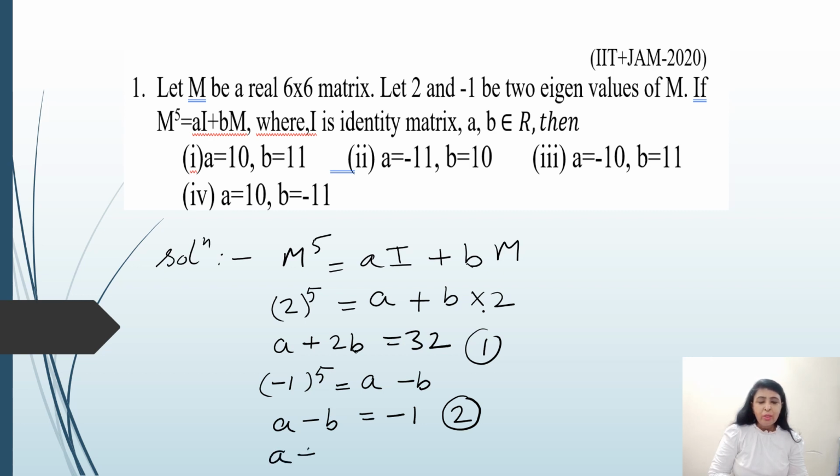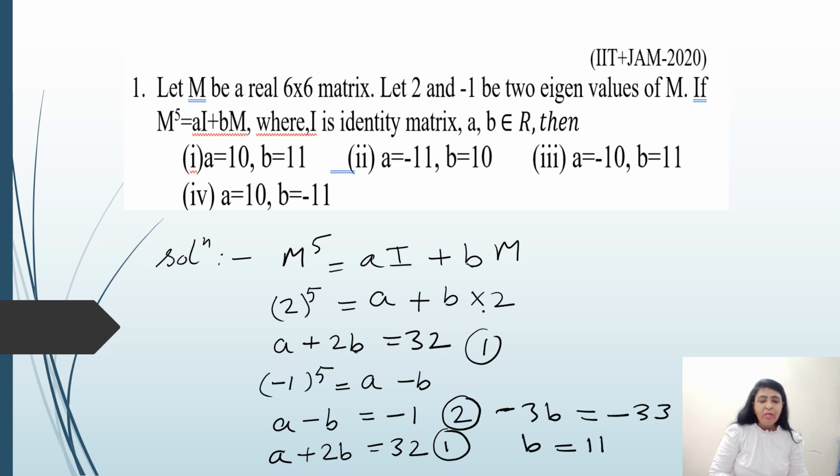A plus 2B is equal to 32, this is equation 1. If you subtract these two equations, A gets cancelled and you are left with 3B. Subtracting, you get minus 3B is equal to minus 33, or B is equal to 11.